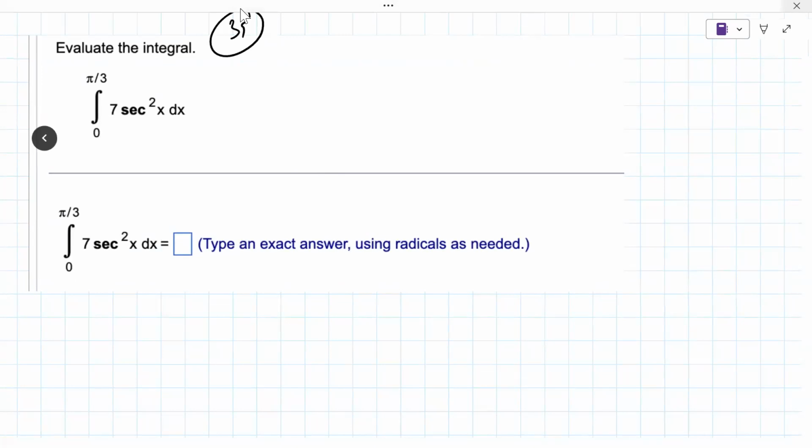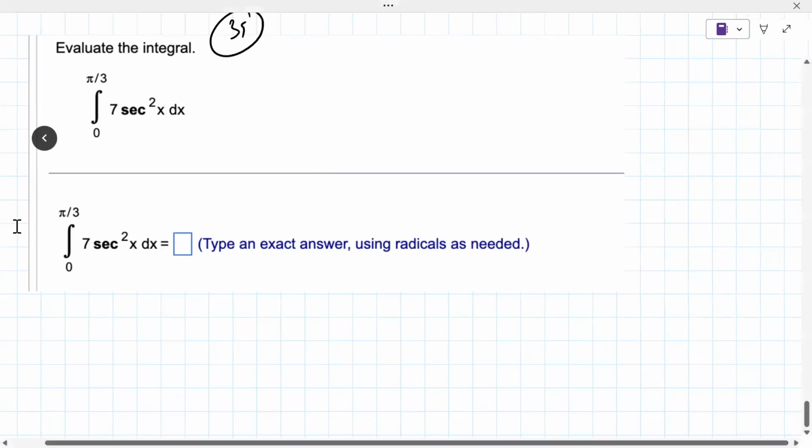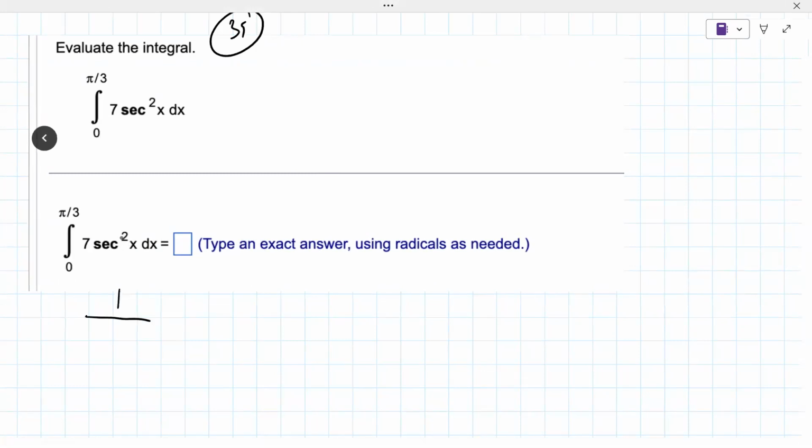Evaluate the integral. If this were on the test, you'll find your calculator does not have secant. So you have to remember that secant is really 1 over cosine squared x. There might be a bit of an issue entering that, but it's equivalent to cosine x squared, like that.